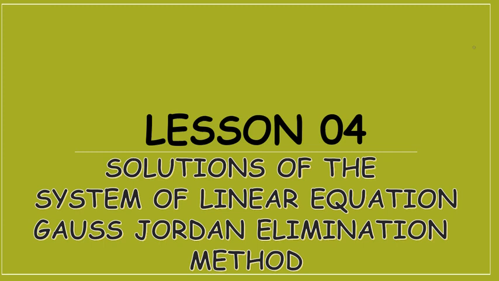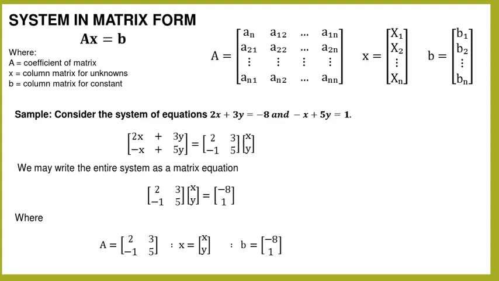Okay, we have here our next lesson, the solution of system of linear equation using the Gauss-Jordan elimination method. So before we solve problems using the Gauss-Jordan elimination, we're going to look first how to convert a system of equation into a matrix form.